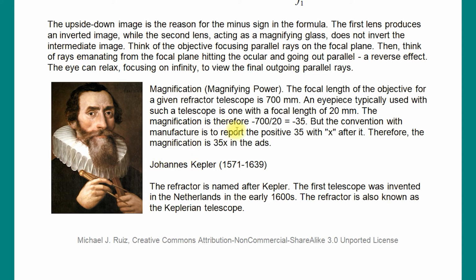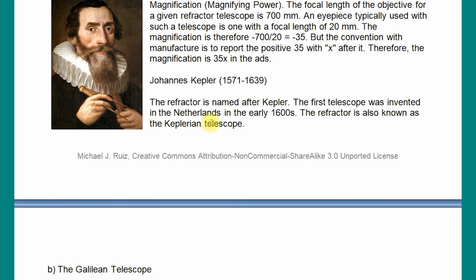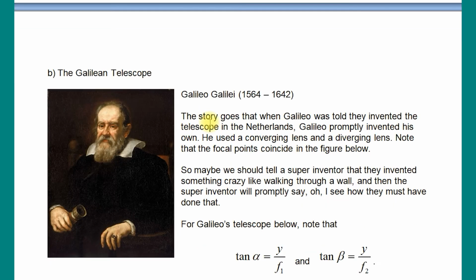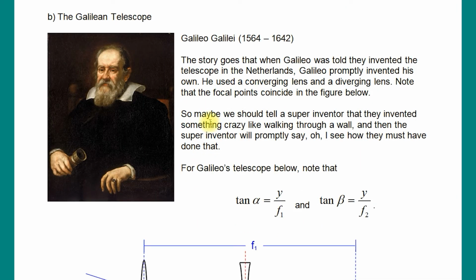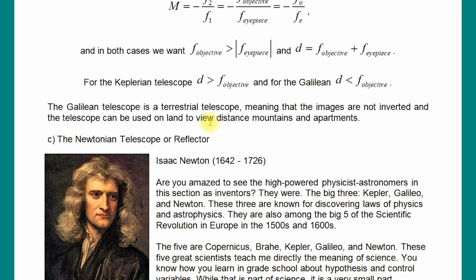Kepler starts out as a mathematician, like a mathematical genius, but applies it to astronomy and discovers the law of ellipses, three Kepler's laws, empirical laws: the law of ellipses, the law of equal areas in equal times, and the law of periods, that the period of a planet squared is proportional to the distance cubed from the sun. Galileo, the Galilean telescope. So these folks invented telescopes.